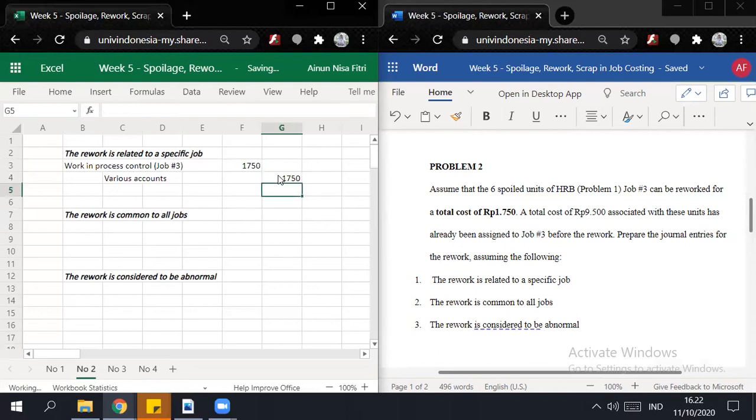And second scenario is if the rework is common to all jobs. Therefore, the debit side is manufacturing overhead control, and then the credit side is various accounts. And the number is still the same.